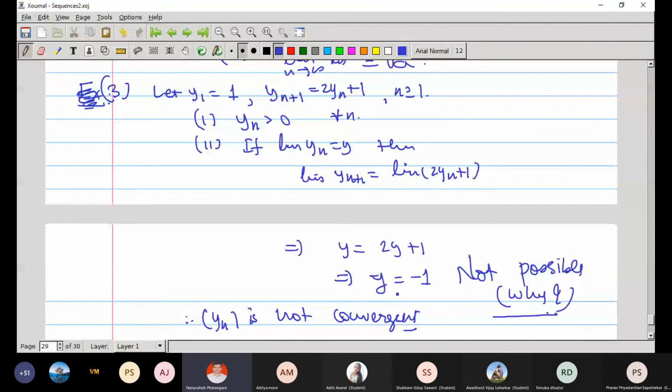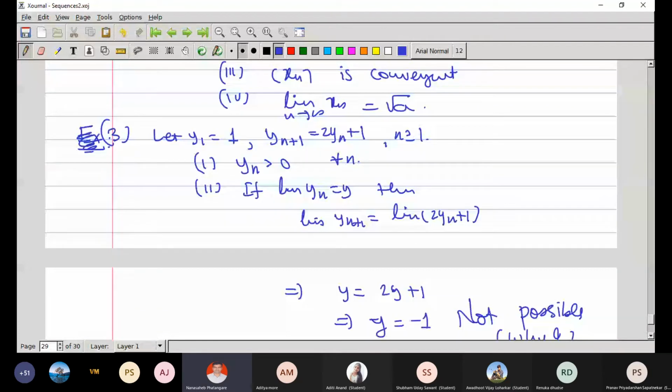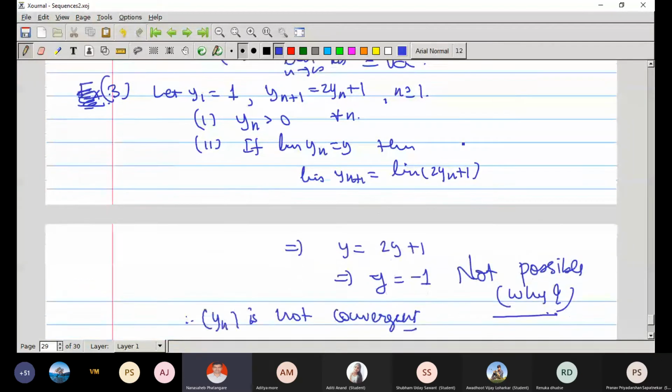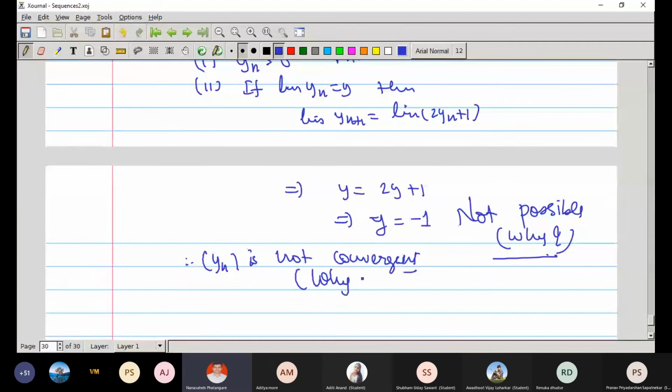In the previous examples, we could do this because we were sure that the limit exists, right? And why does the limit not exist? Because it is monotonically increasing and not bounded above. So this sequence is not convergent. That is the reason, and you can check.